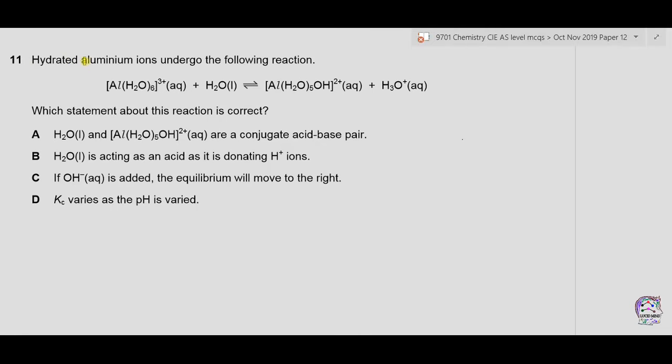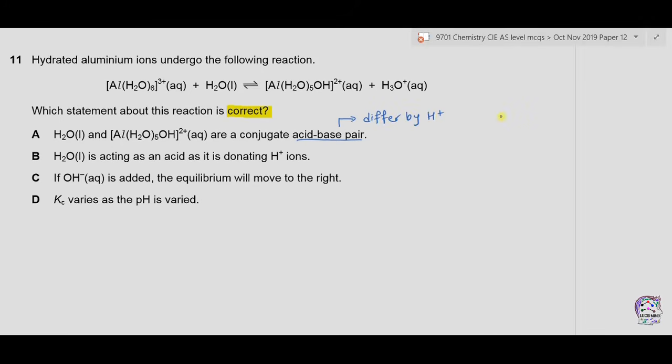Question 11. Hydrated aluminum ions undergo the following chemical reaction. Which statement about this reaction is correct? A. H2O liquid and Al(H2O)5OH2+ aqueous are a conjugate acid-base pair. Now, two things are an acid-base pair only when they differ by H positive.